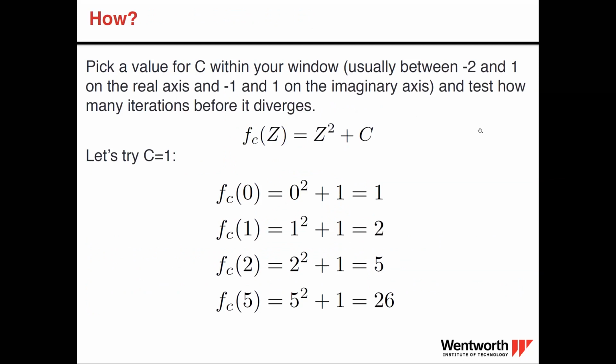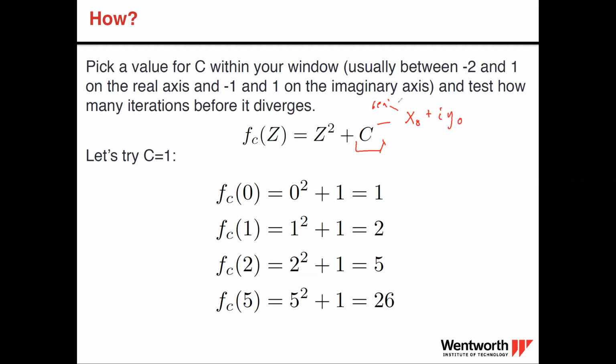So here's an example. Let's say we pick a value for C. C is our sort of starting value. Typically, you're going to pick C between -2 and 1 on the real and -1 and 1 on the imaginary. So remember, C is x0 plus i y0. These are our two coordinates.